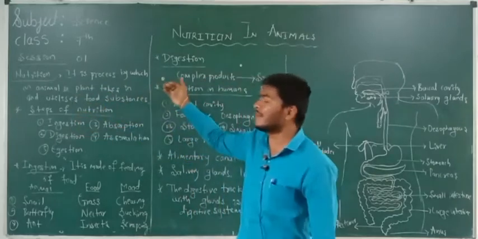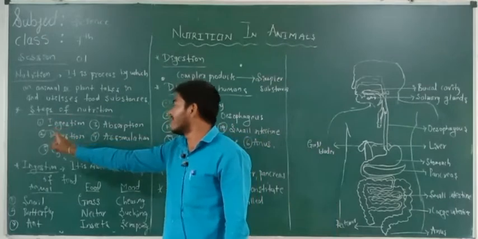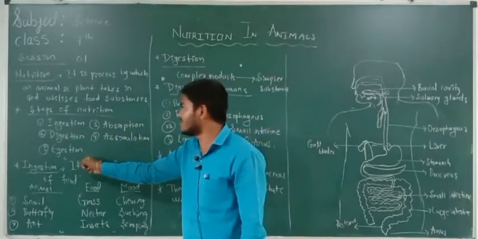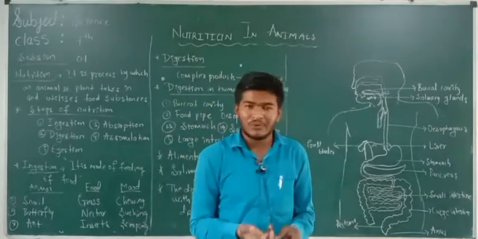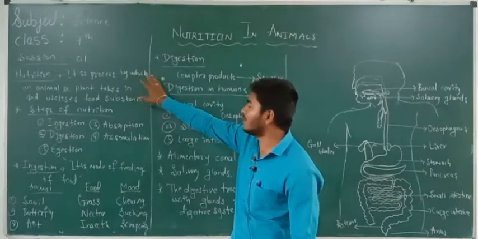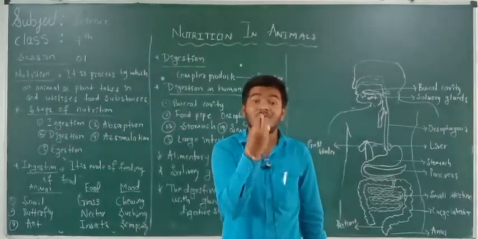So what are the steps of nutrition? The steps are ingestion, digestion, absorption, assimilation, and egestion. When we take food inside the body, these five processes are involved. First is ingestion, where the food is taken in.